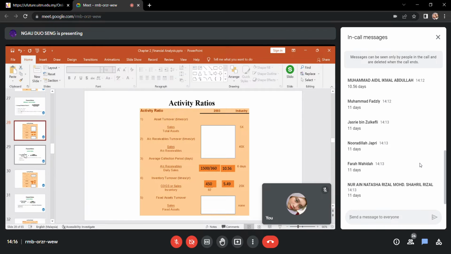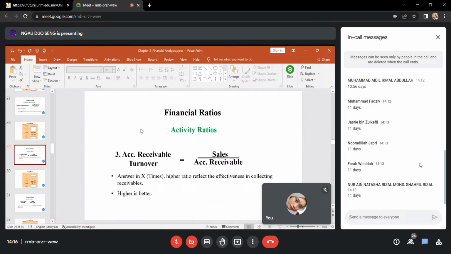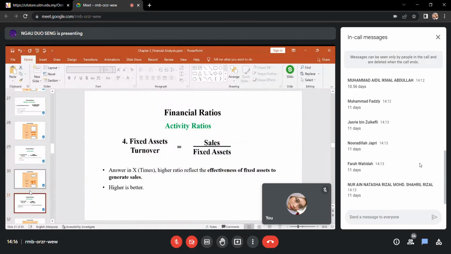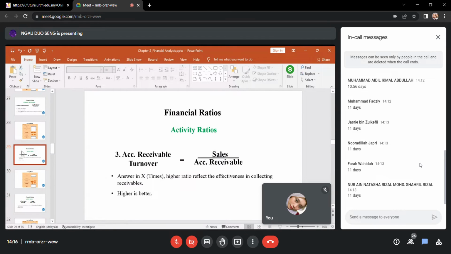All right, next we go to activity ratio. We have account receivable turnover: sales divided by account receivable, with the answer in times. A higher ratio reflects effectiveness in collecting receivables, so higher is better.